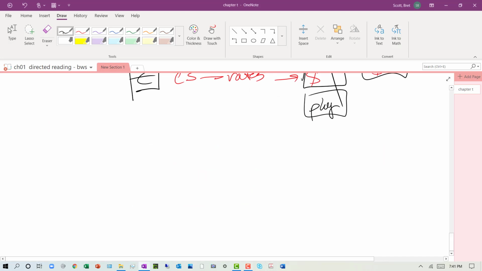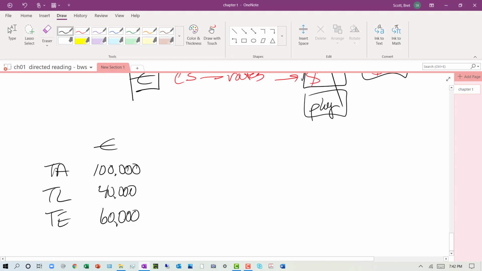Let's go through an example where we're doing some translation, and I'm going to follow suit with what we see in the book. Say we have, in euros, total assets of 100,000 euros, total liabilities of 40, and total equity of 60. These all balance because they're all denominated in euros. If we acquire the company on 1/1/2019, we just apply the spot exchange rate at that time.